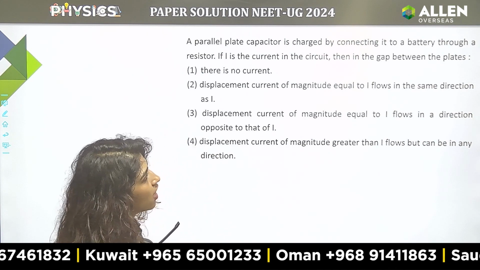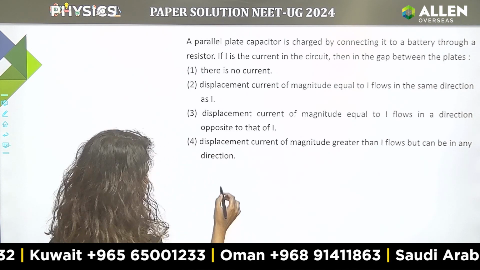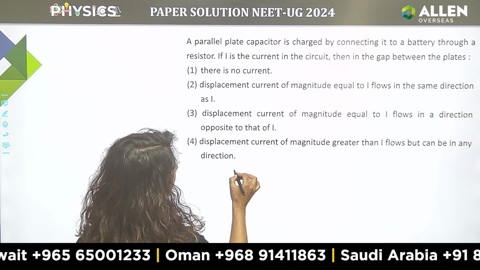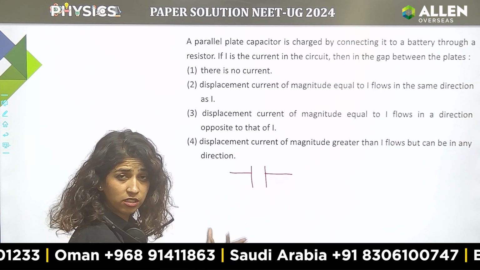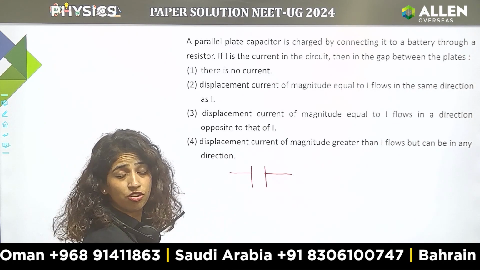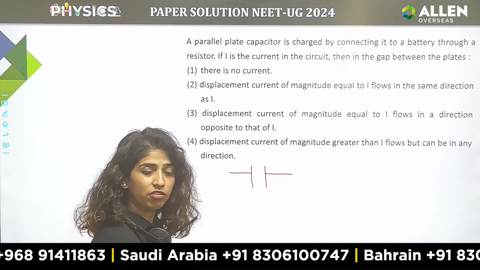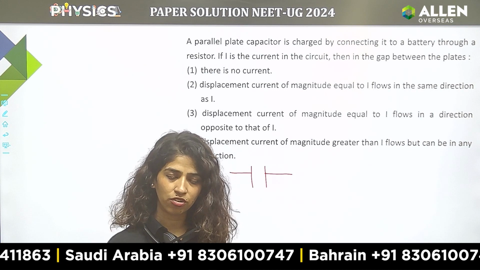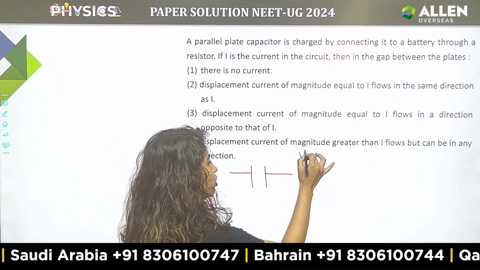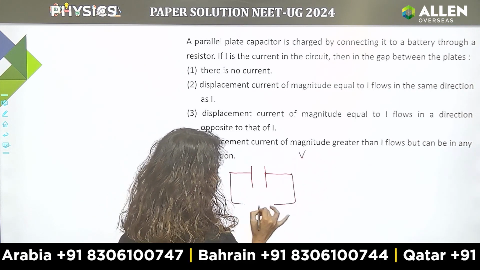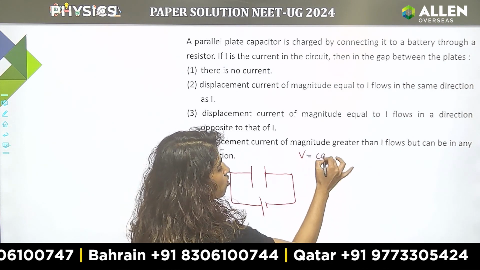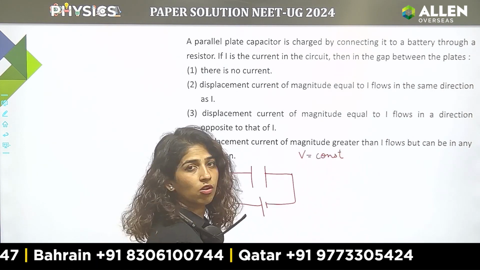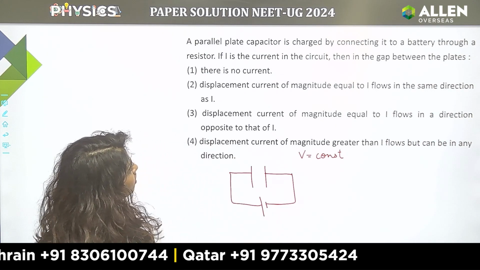Now, a parallel plate capacitor is charged by connecting it to a battery through a resistor. If I is the current in the circuit, then what will happen? See, what are the points you should remember? The capacitor here is connected to a battery. A battery is a constant source of potential difference, so the potential difference is going to remain constant.